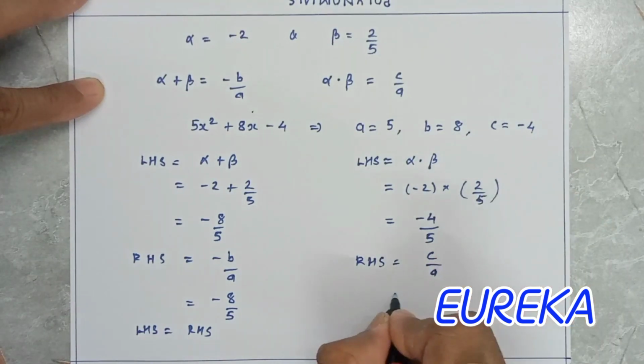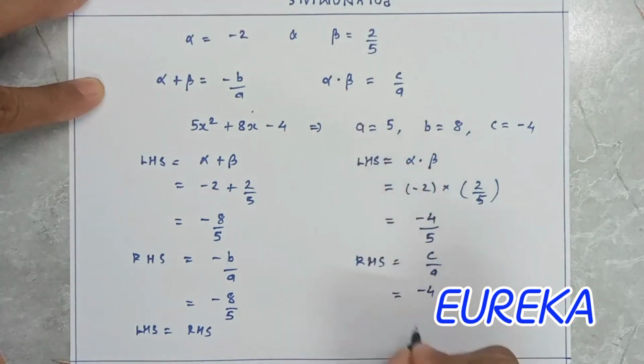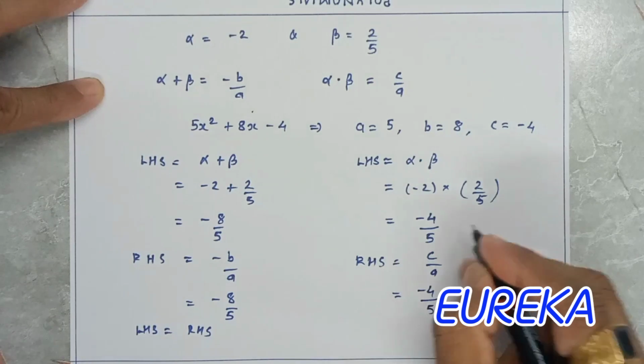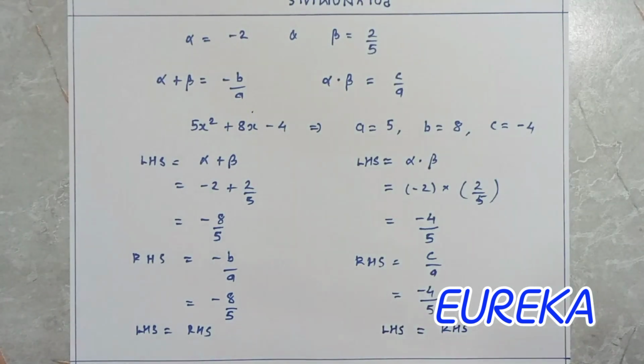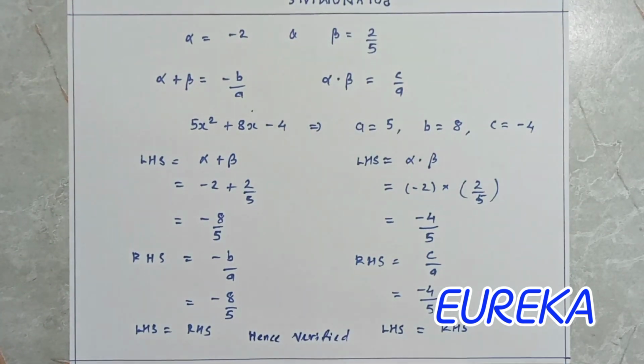C is minus 4 and a is 5. So LHS equals RHS, and then we will write hence verified. Is it very clear? Hence verified.